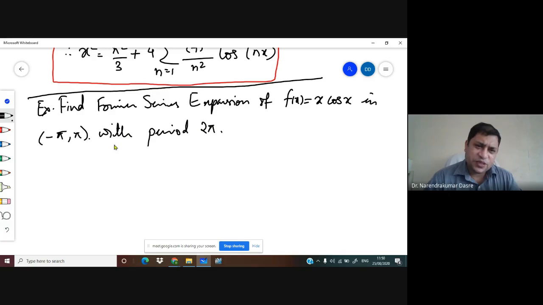Remember that if the information about period 2 pi is given, that's okay. If it is not given, that's also okay, because the period is the total length of the interval. So we go with the solution.